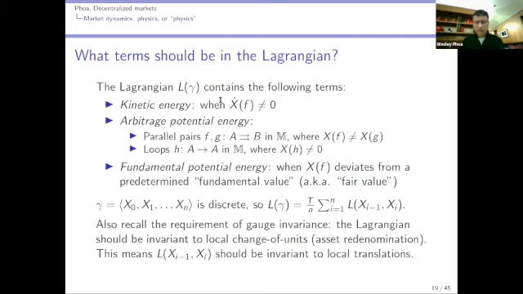And finally, if you've got some notion of fair value, for example, if you think that at fair value 2 sacks of emmer wheat have the same nutritional value as a sack of barley, then market exchange ratios can deviate from that, but maybe you want some sense that things over the long run tend towards their fundamental value. And so that's another potential energy term, which is a little bit more like gravitational potential.